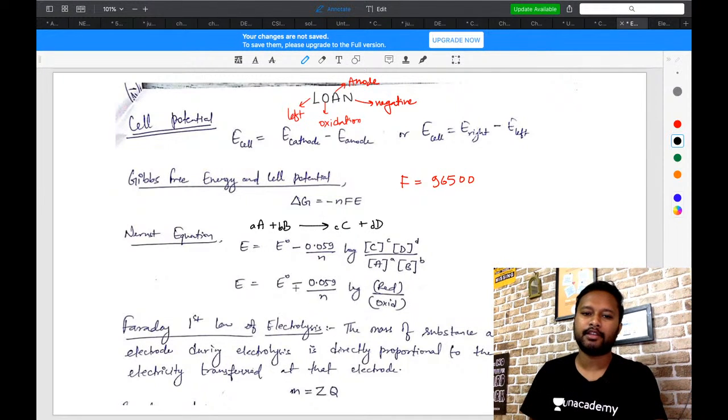Or you can say E equals E naught minus 0.059 upon n log reduction upon oxidation. So this is again called your Nernst equation.